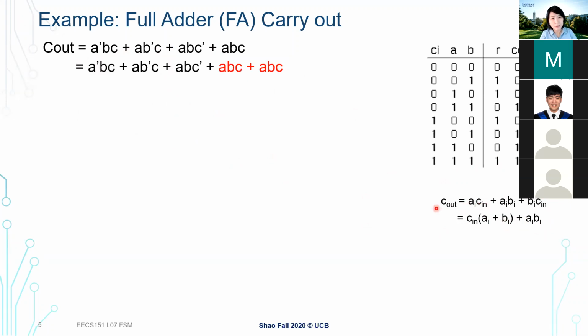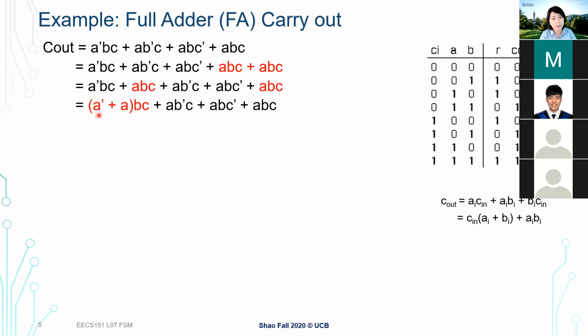I will not go through all of this, but one very important thing is what we talked about earlier, the uniting theorem. In this example, look at this part: we have A prime and B and C, ORed together with A and B and C. We can take B and C out, and then we have A prime or A, and this will be 1.